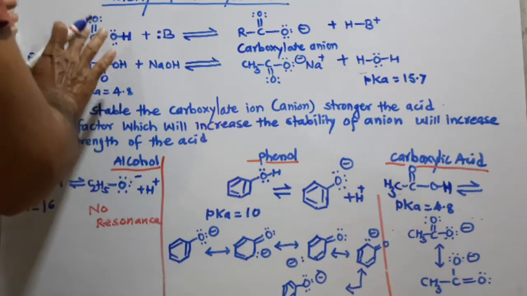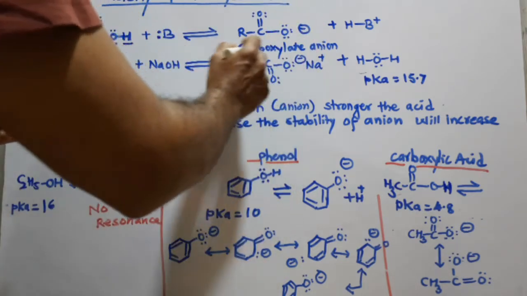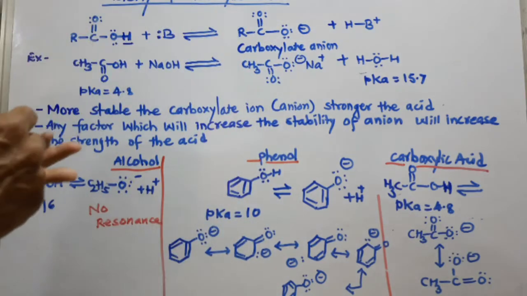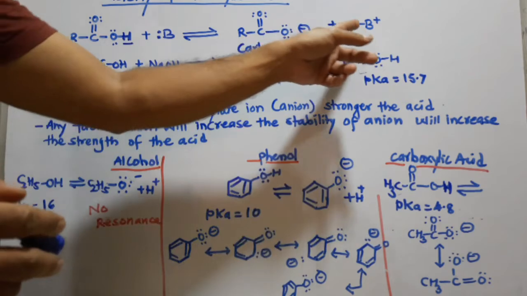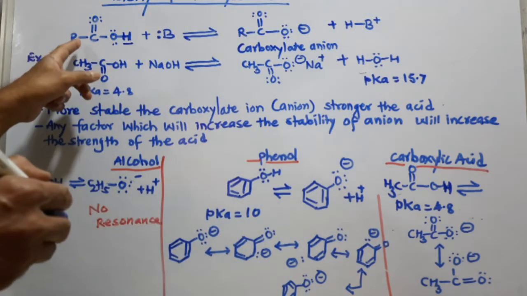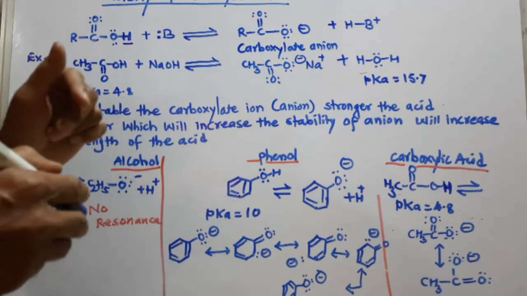So when any acid loses its proton, it gives carboxylate anion, and you know this is a reversible reaction. After that we get another acid, which is called the conjugate acid of this base, and this is a base of this acid, means it is a conjugate base.